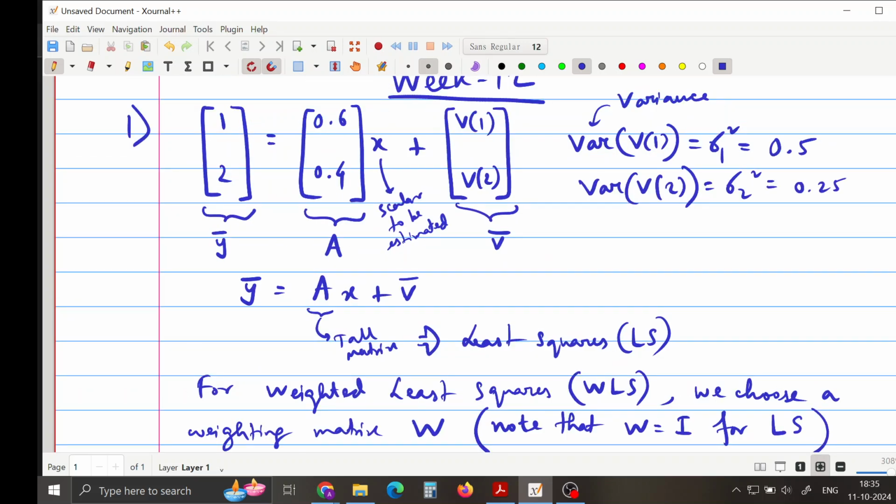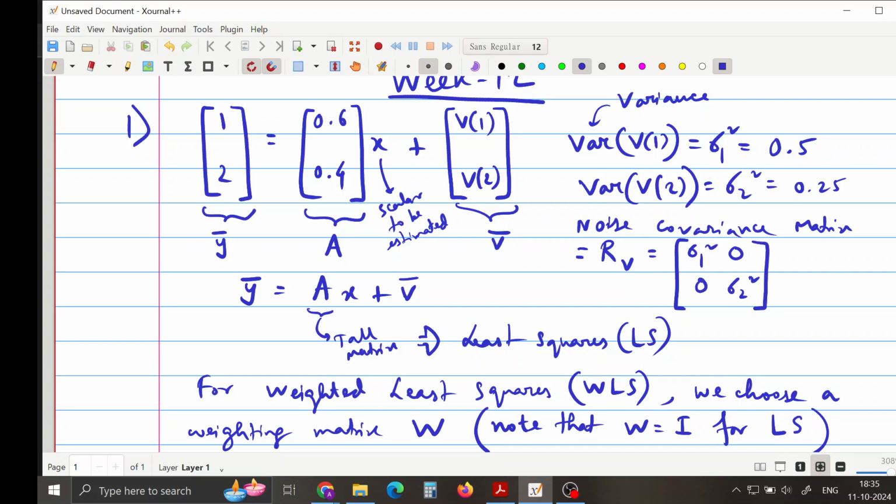The noise covariance matrix, let's denote it by R_v, is nothing but sigma 1 squared and sigma 2 squared as its diagonal entries, and 0, 0 off the diagonal.